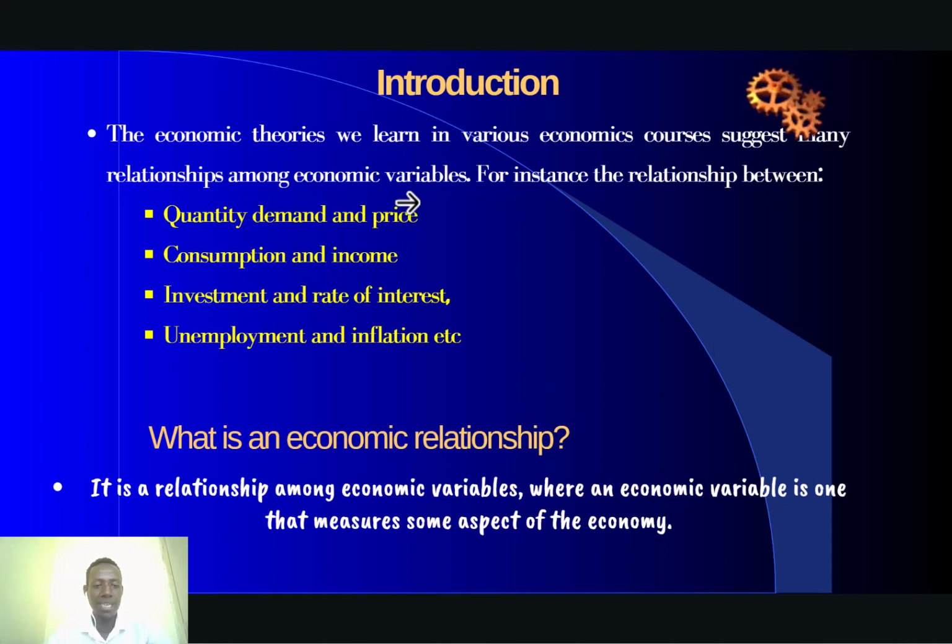For instance, you can look at demand and price. If the price rises and we keep the other factors constant, we believe the quantity demanded for that product will fall. In the same way, consumption and income. If income increases, consumption will increase by some coefficient, because consumption is derived from and depends on income. So this is for those who have an economics background.